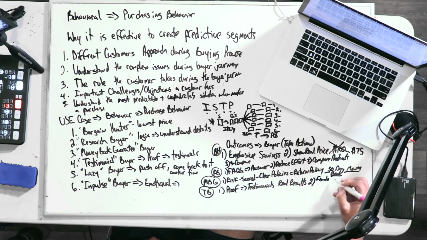Well, if you have a female who's 45 years old, then have a testimonial of a female in her 40s who's giving the proof. And if you have somebody else coming through who's a male who's 25, have a testimonial with a male in his 20s with his proof. You want to be relatable.